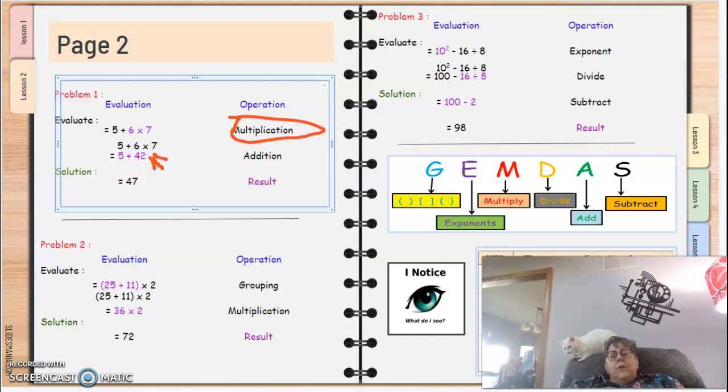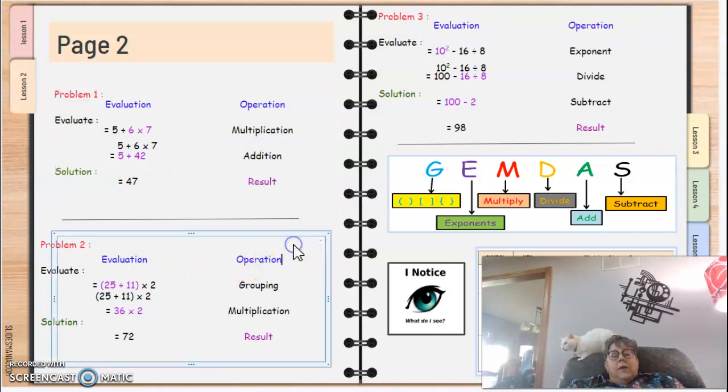For our next one, we've got a little more complex problem. Excuse me for clicking around. We have something in parentheses, or a grouping. First, we have to tackle the grouping, because that's the first thing in GEMDAS. Then we look for exponents. There are no exponents. Then we look for a multiply. There is a multiply out here, but we haven't taken care of our grouping yet.